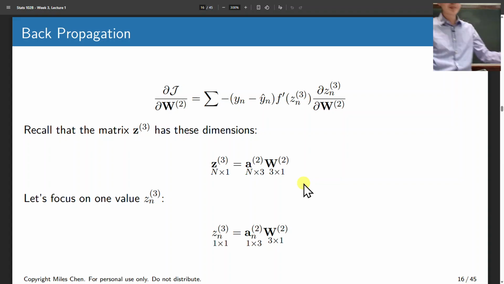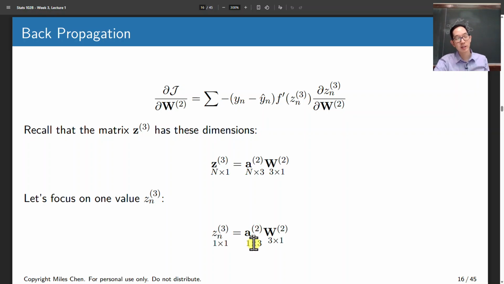activation values there, okay? And so if we just think about the nth observation, the nth observation would be our nth activated value times our W2 matrix, okay? For the nth observation, you would have 3 values in that activation layer.